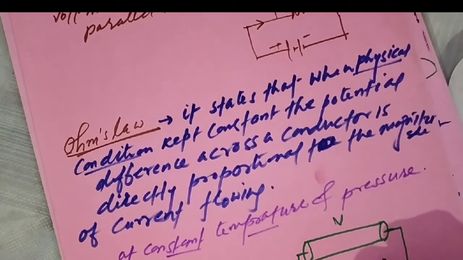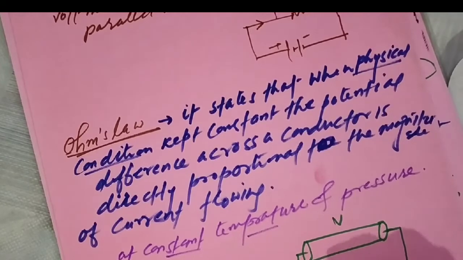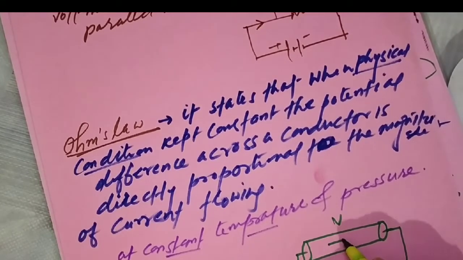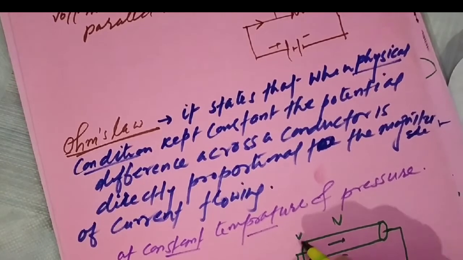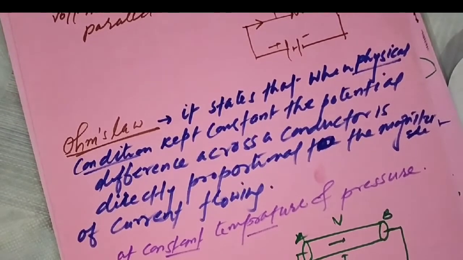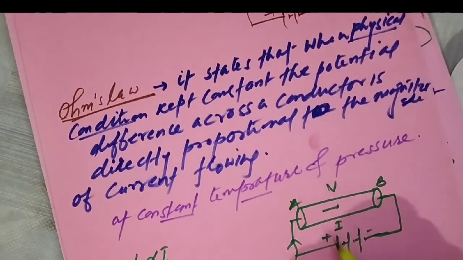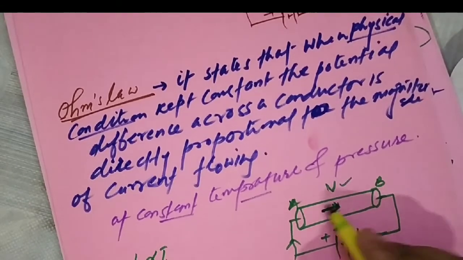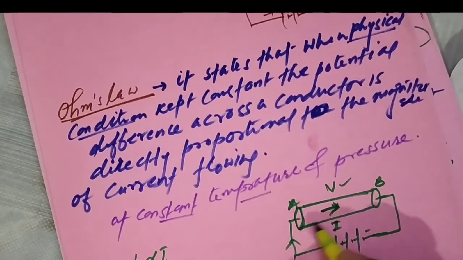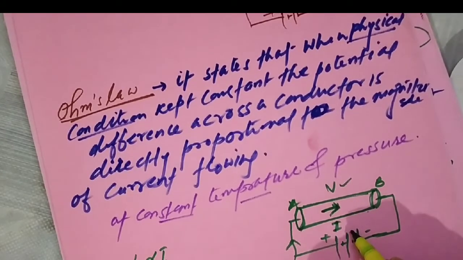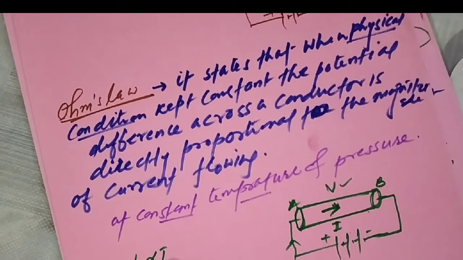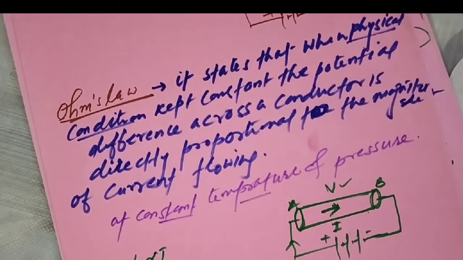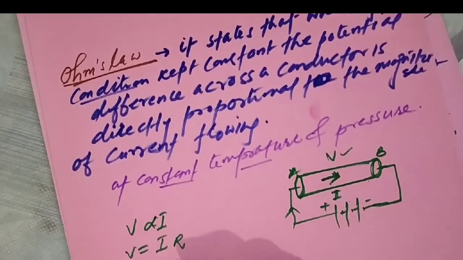Say the potential is V, and current I is flowing through these two ends. So according to Ohm's law, at constant temperature and pressure, the potential difference across this conductor is directly proportional to I. So V is directly proportional to I. Now we will replace the proportionality sign with a constant, that is R. What is R?